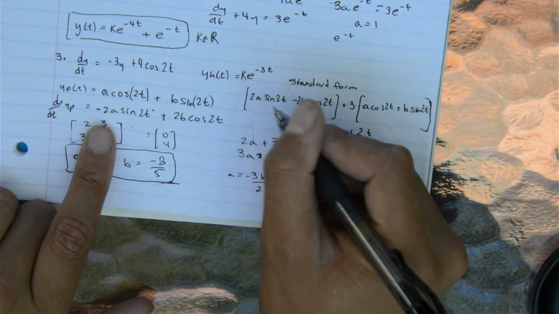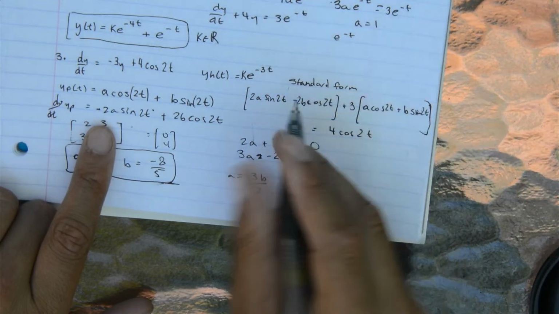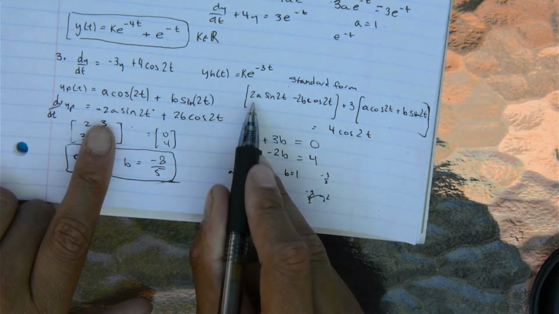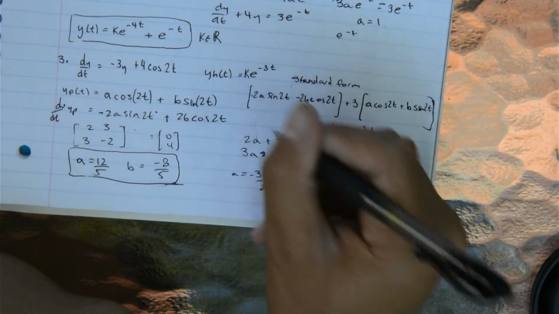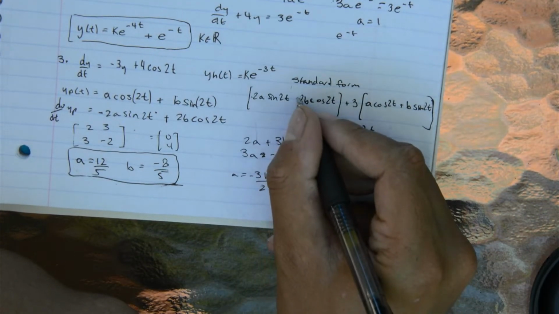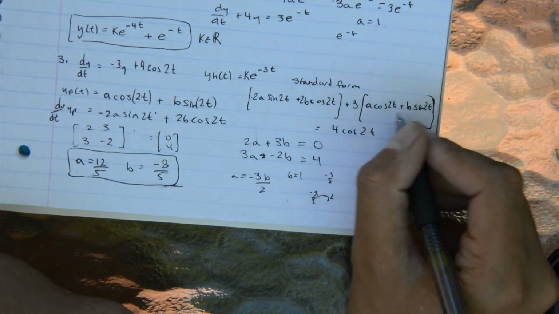So then you end up getting, this is the derivative term. So this is going to be minus 2a plus 2b, and then this is all good.